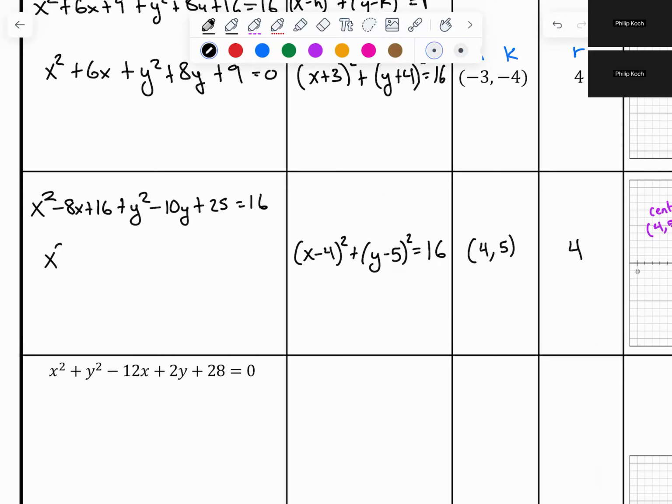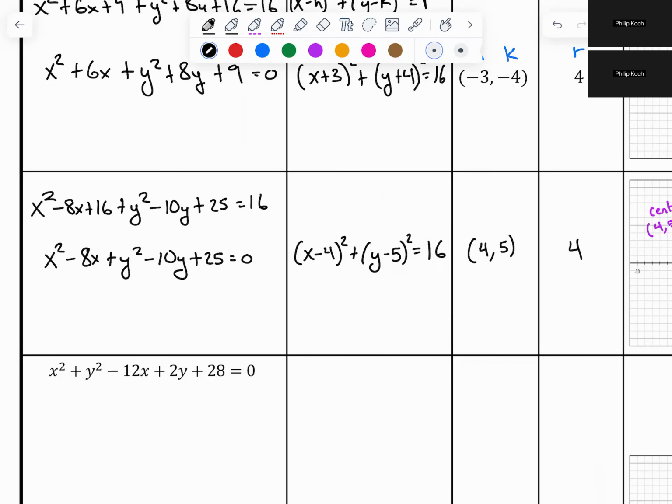Simplifying that out, you get x squared minus 8x plus y squared minus 10y plus 25 is equal to 0. Any questions on that one?